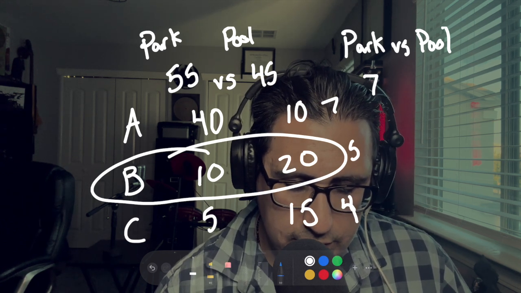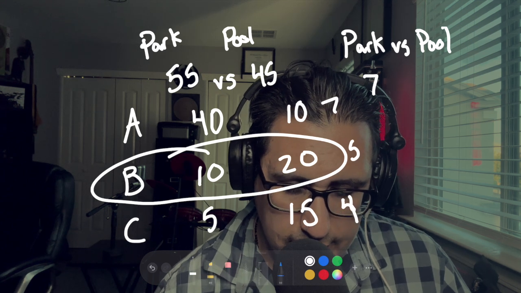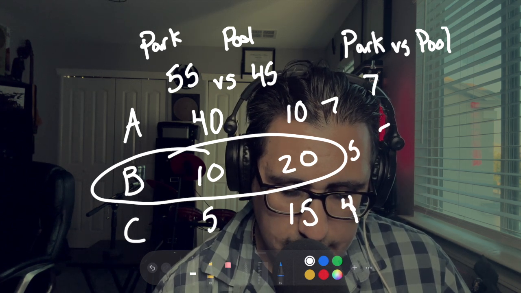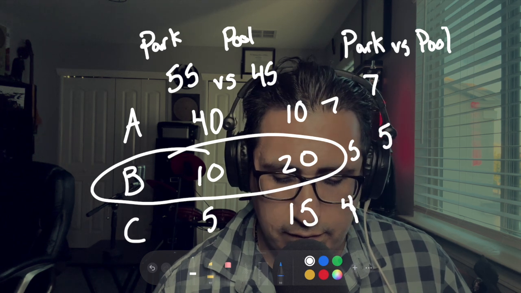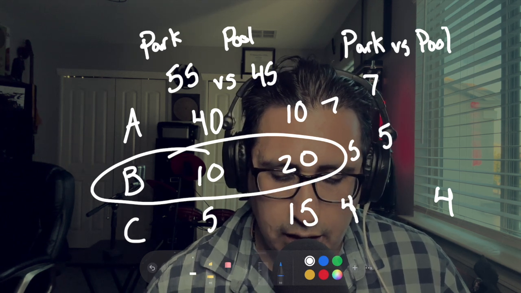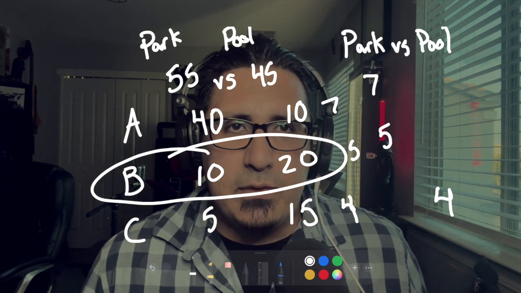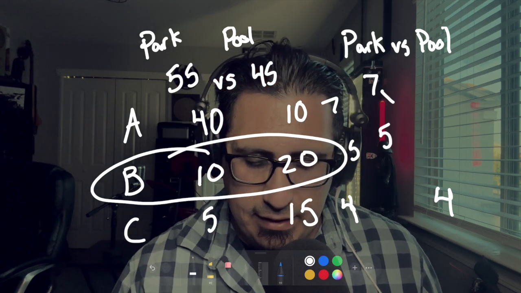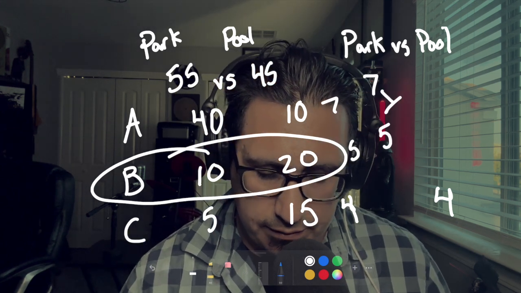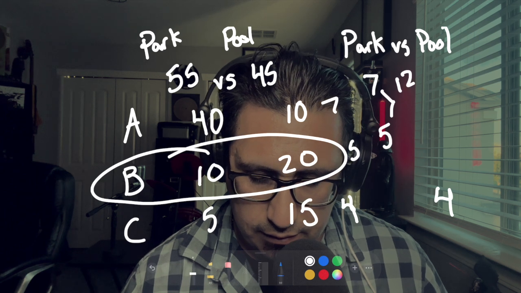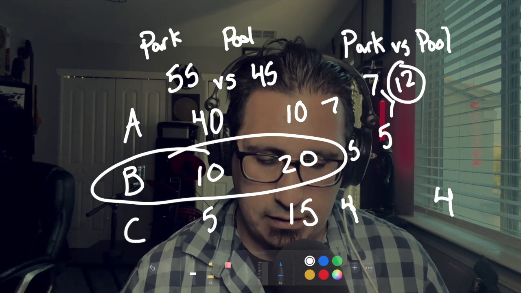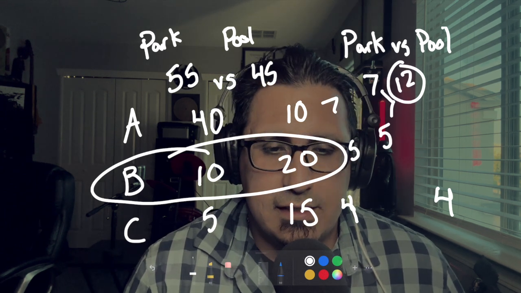In this case, it's going with national vote, and it gets 5 votes here, and then this one gets 4 votes. So now, 7 and 5 is 12. The park wins in this scenario.